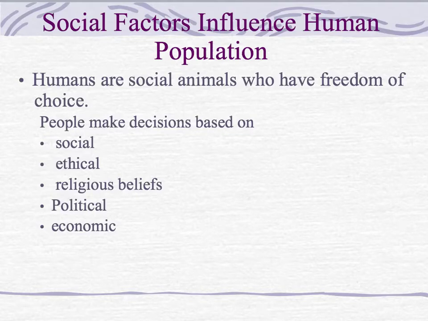So there are factors that influence human population, and this can be social factors. Humans are social animals and have the freedom of choice. So here are some reasons why decisions are based upon social, ethical, religious beliefs, political, economic, for why people choose to have children or not.